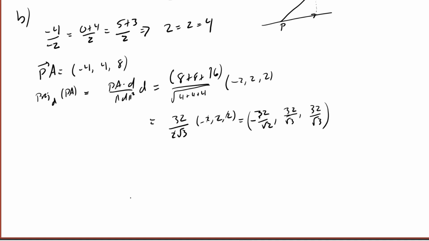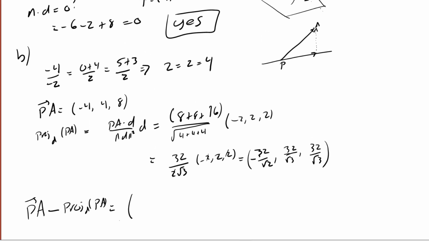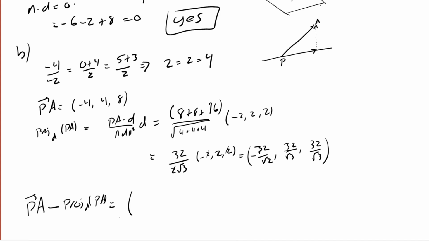Now I need the orthogonal projection, meaning I do PA minus the projection of PA onto D. Okay, so I have, I feel like I didn't compute something correctly. Ah, because that's supposed to be squared on the bottom.